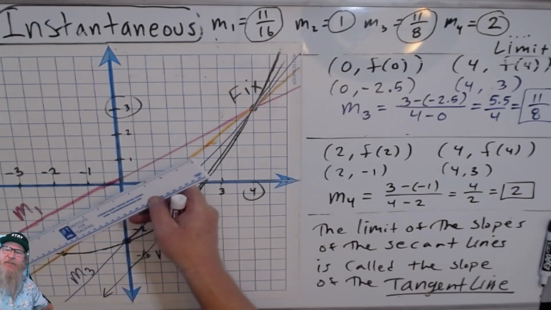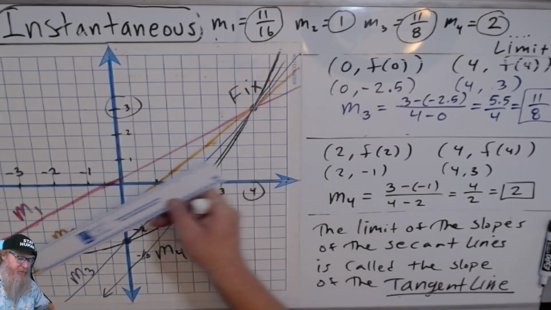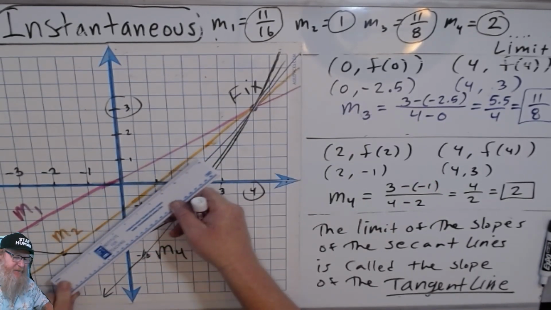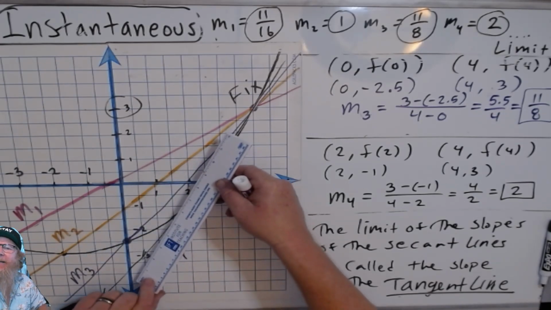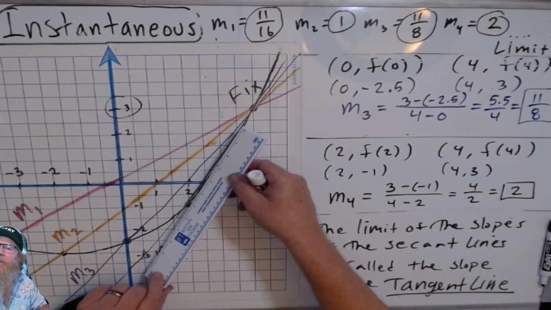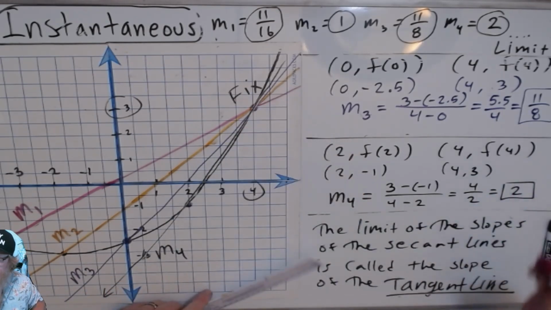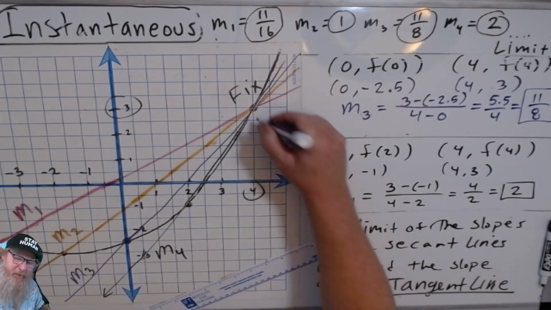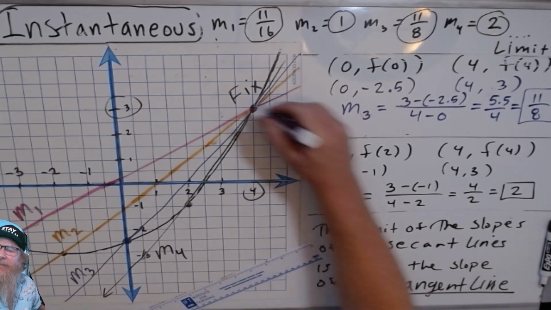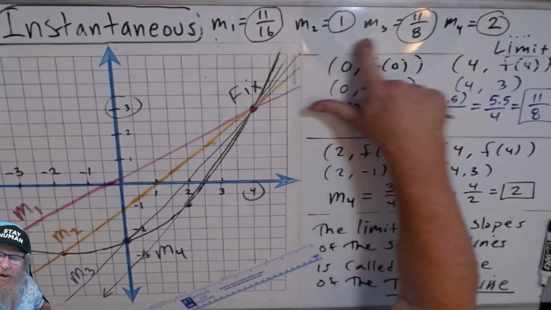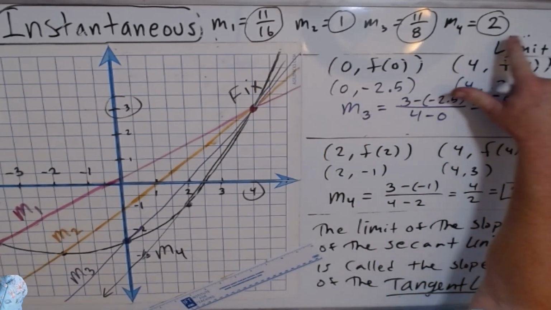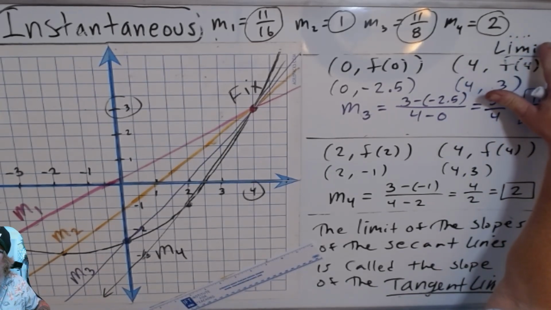As these lines are going like this, you see the sequence. So this is 11/16, and then this one was 1, and then this one is 11/8, and then this one is 2, right? And then the next one will actually be 11/4 if I did the next one. So the sequence is going to go 11/16, 1, 11/8, 2, then 11/4.